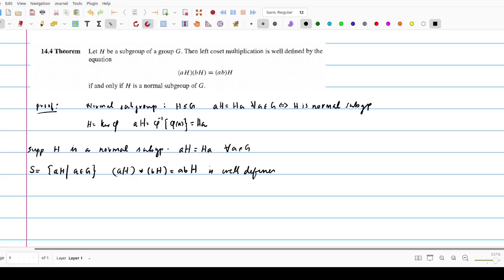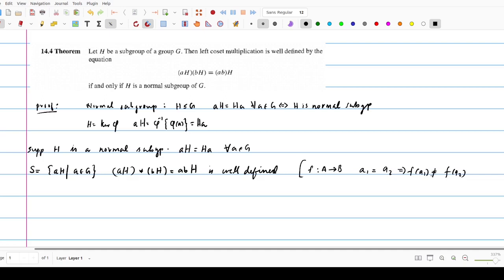How will you prove that this is a well-defined binary operation? If you have a function f from A to B, how will you prove that f is a function, or that f is well defined? You take any a1, a2 from A, and find f of a1 as well as f of a2. If you observe that these two are equal, then we can say that f is a function.